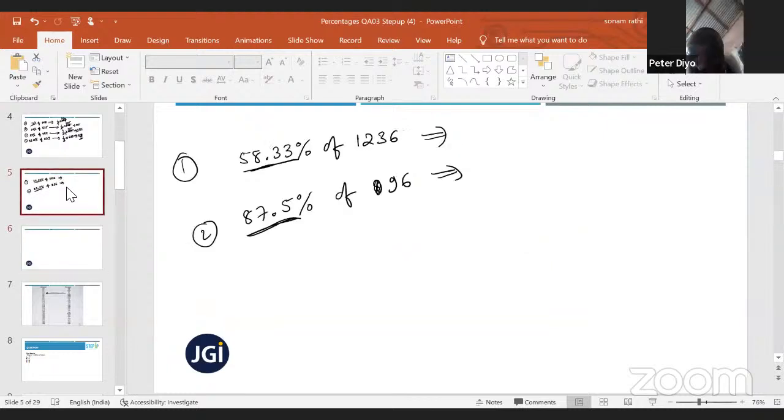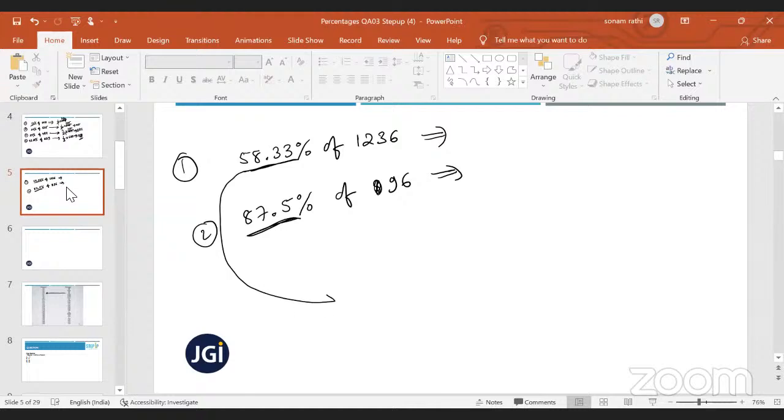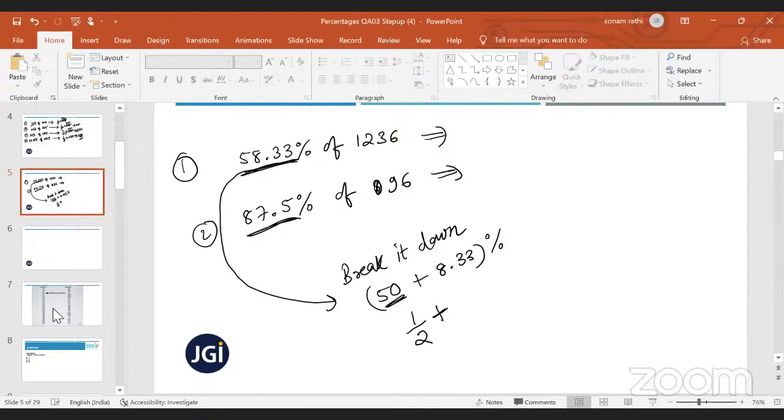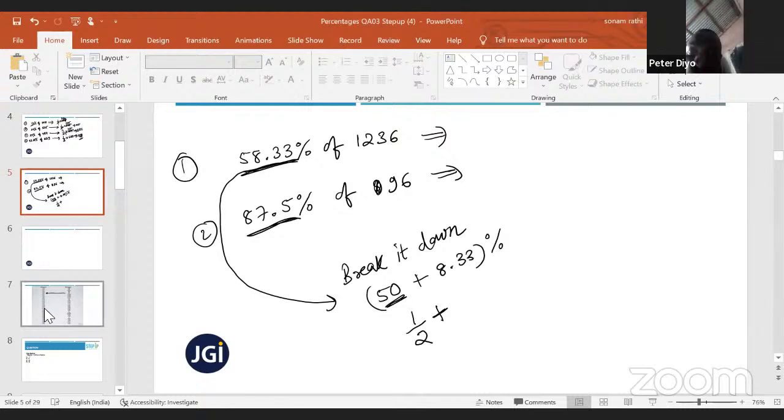To solve this question, we will break it down. How? Can I write 58.33 as 50 plus 8.33? Right? Yes or no? Okay. So 50% I know what is the fraction? 1 by 2. And how much is 8.33 in your list?